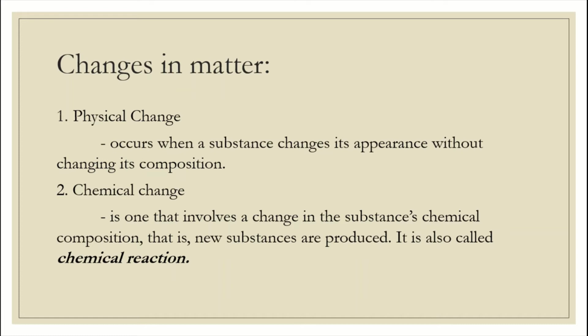That's why it's physical. Because physically, makita mo agad yung kanyang pagbabago. For example, green siya nung original, and then when it undergoes changes, it becomes pink or red. So that's physical because its appearance changed, but we're not changing its composition, of course.